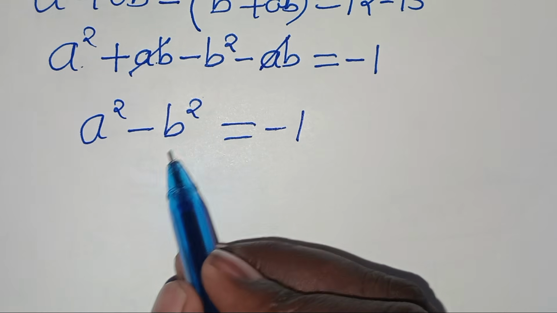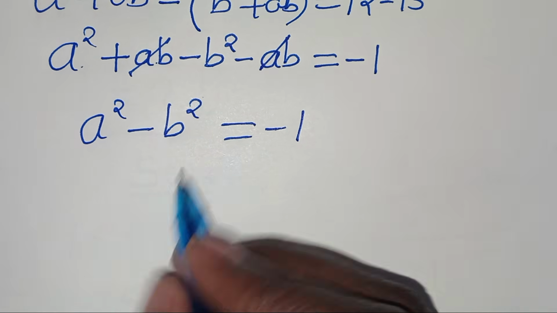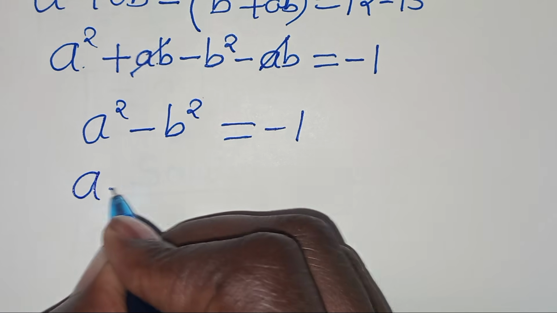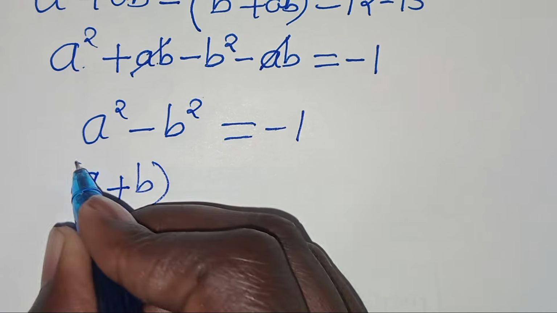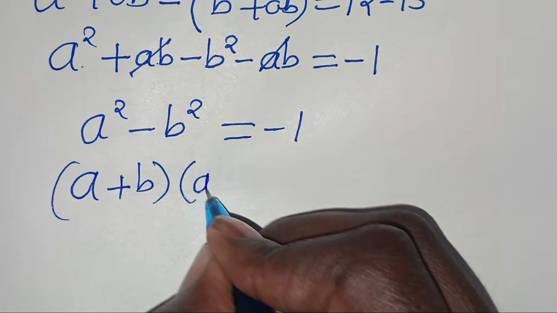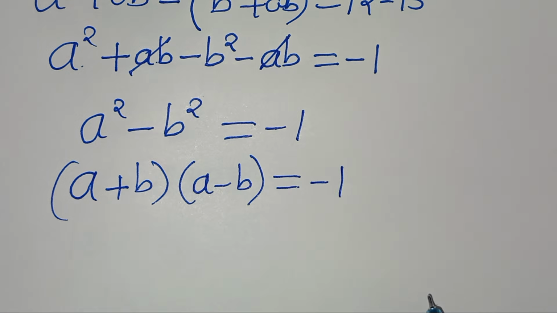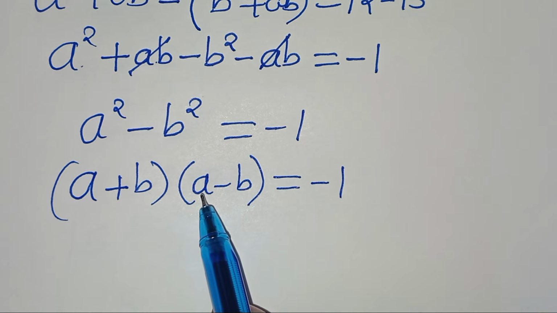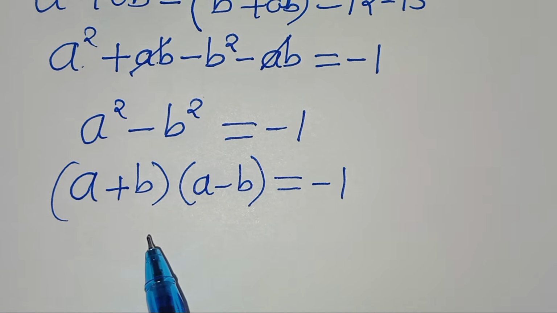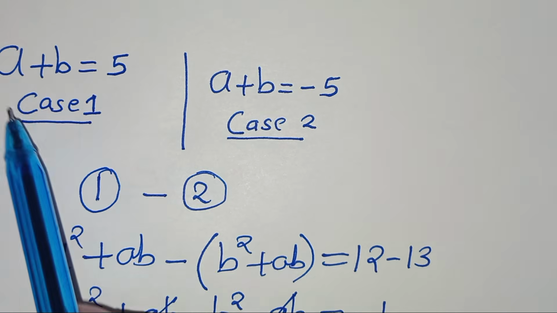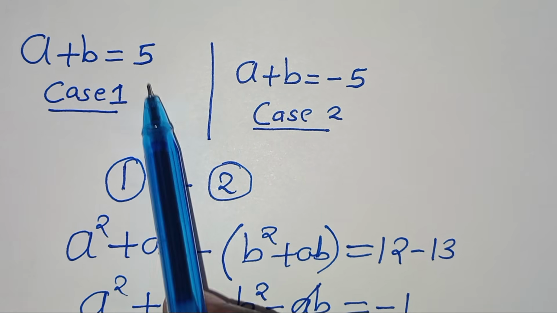Now a squared minus b squared is the difference of two perfect squares that we can express as a plus b multiplied by a subtract b, and this is equal to negative 1. So we can solve for a minus b, given that from case 1 we have a plus b equal to 5.